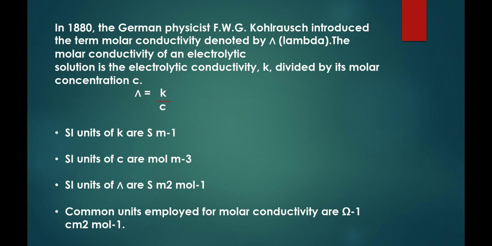So, capital lambda is equal to K by C. The unit of K is Siemens per meter. The unit of C is mole per meter cube. And the unit of capital lambda is Siemens meter square per mole. This is the SI unit. Otherwise, the common unit is per ohm centimeter square per mole.